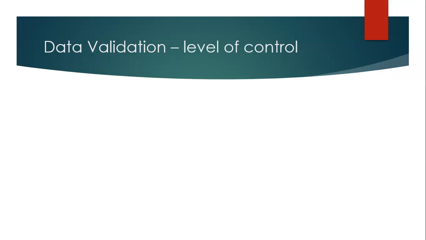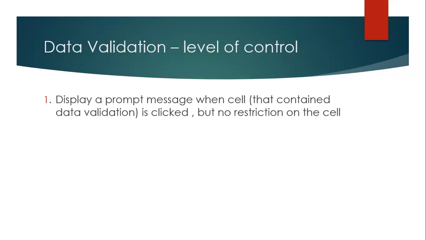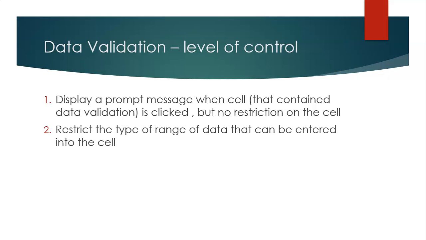Data validation has 3 levels of controls. The first one can display a prompt message when we click the cell that has the data validation feature, but we will not restrict anything on the cell itself. The second level of control, we restrict the type or range of the data that can be entered into the cell.